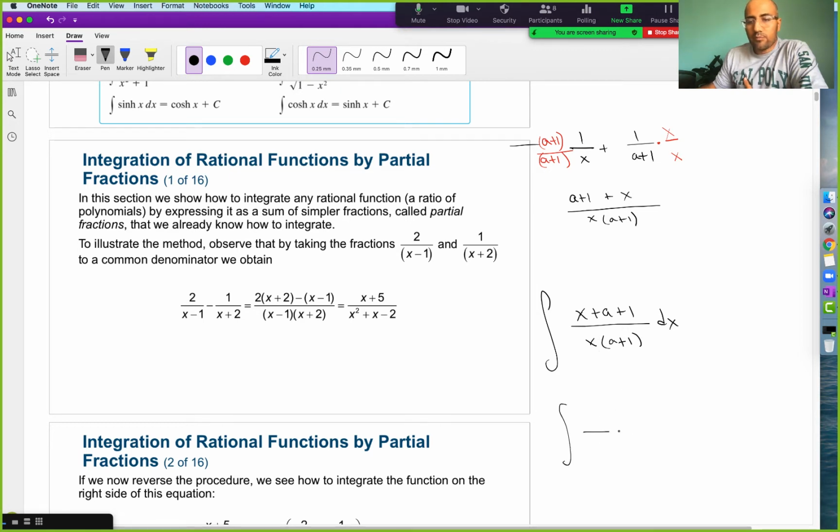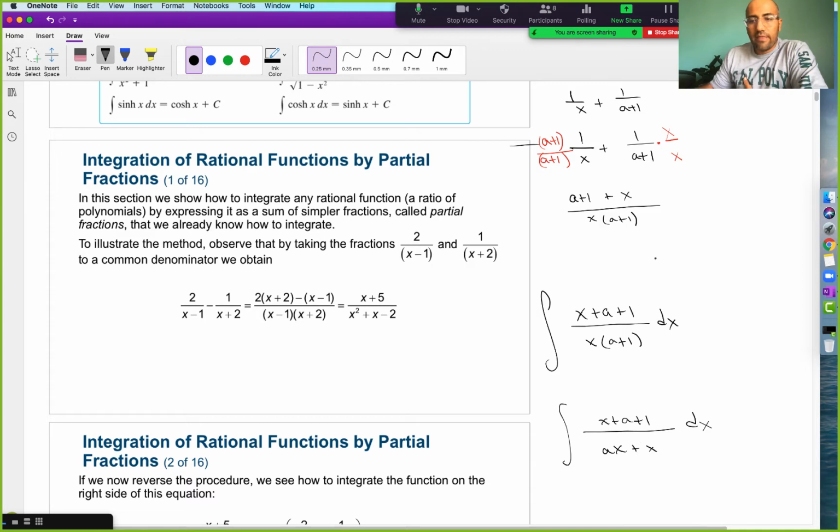So maybe it's presented to us as x plus a plus 1 over ax plus x dx, right? We might be asked to integrate this ugly thing. Well, as we saw the way we started, the summation of these two, 1 over x plus 1 over a plus 1, is what led to this.